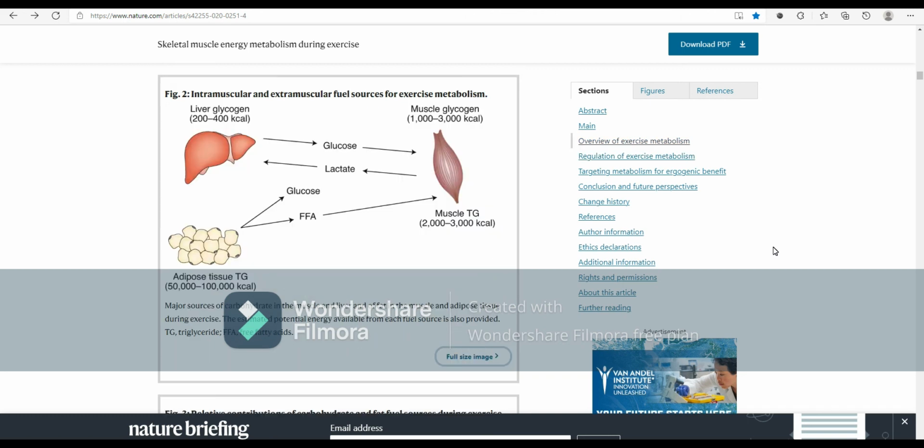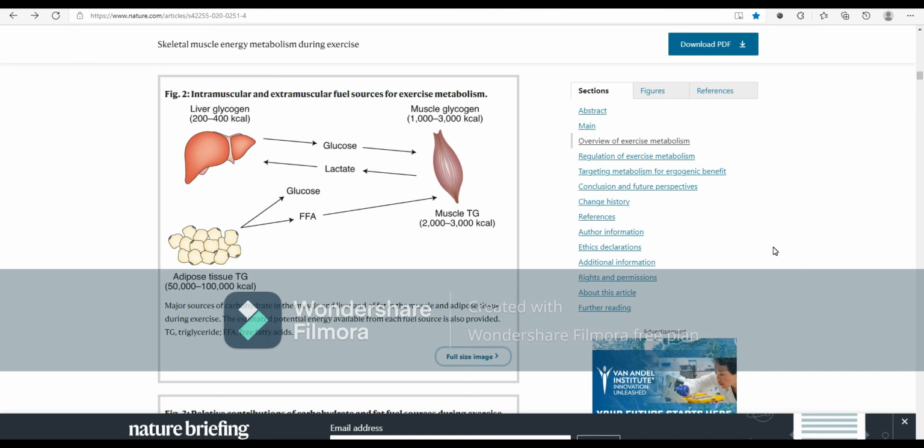Also, this article demonstrates with the help of an illustration how intramuscular and extramuscular fuel sources for exercise metabolism can be utilized by our organism during exercise. And here we have the liver, adipose tissue, and muscle tissue.